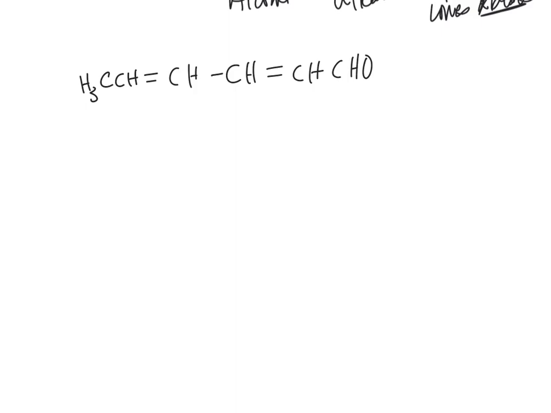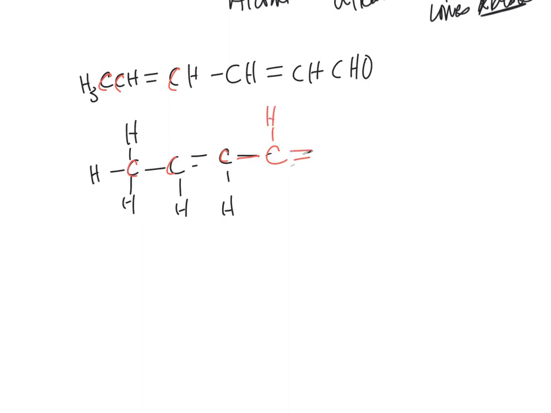Okay, so what does this look like? We do our Lewis structure. We'll make it like this. How about this? Okay, so where are we? C, C, C, CH, CH, CHO.